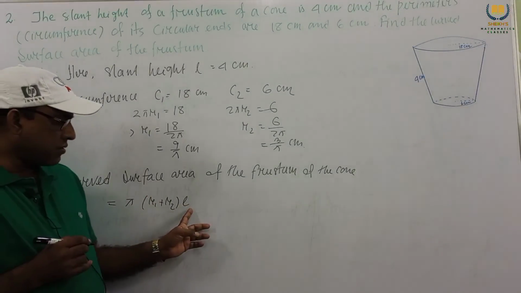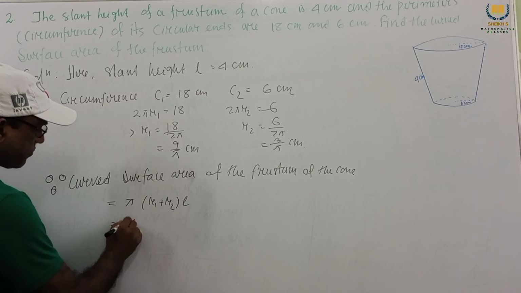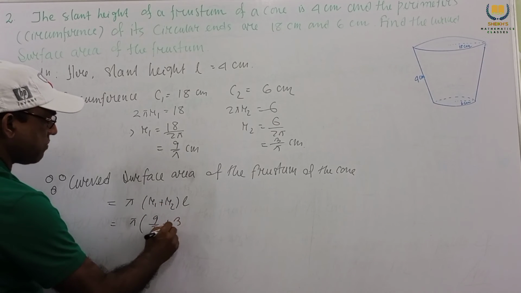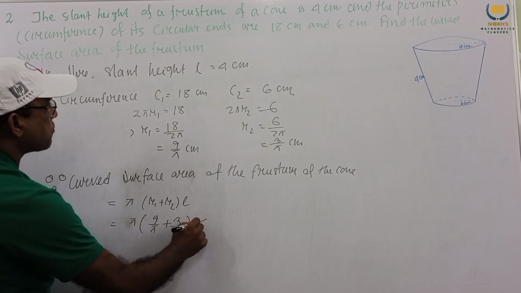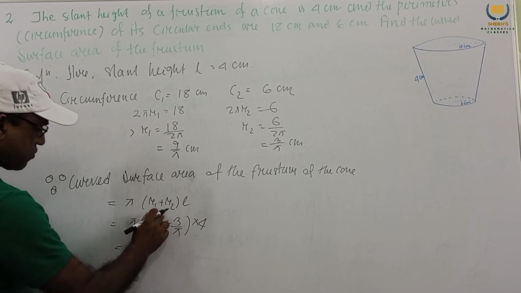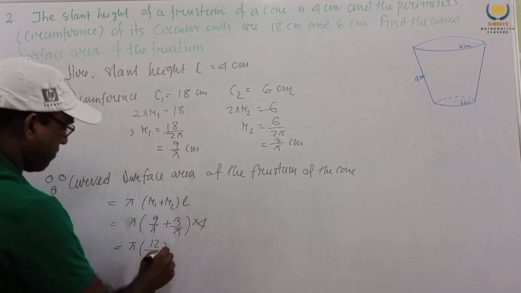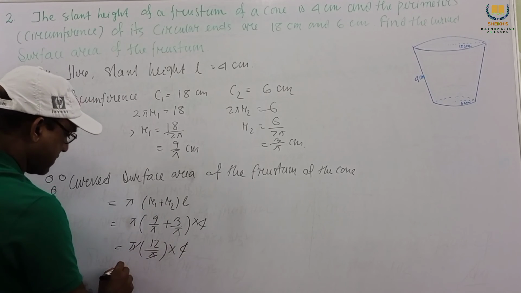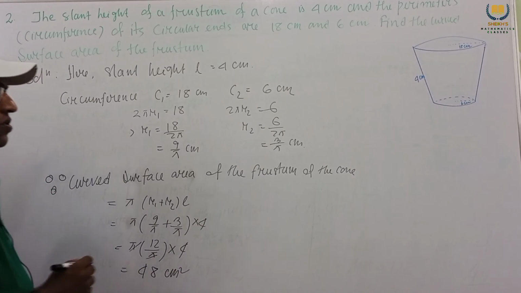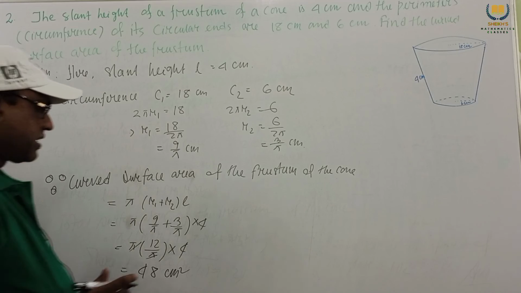So pi remains the same. R1 means 9 by pi, R2 means 3 by pi, L means 4 given. So this is pi, this is 12 by pi, taking the LCM, 9 plus 3 is 12, 12 by pi into 4, pi cancels, we get 48 centimeter square. So we get the curved surface area is 48 centimeter square.